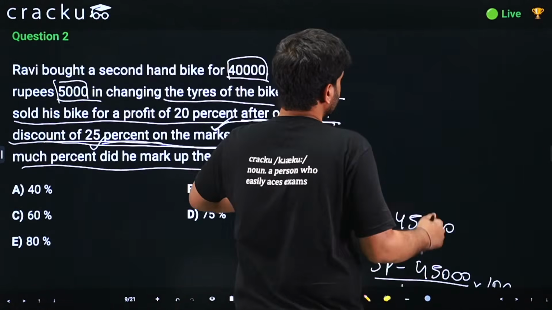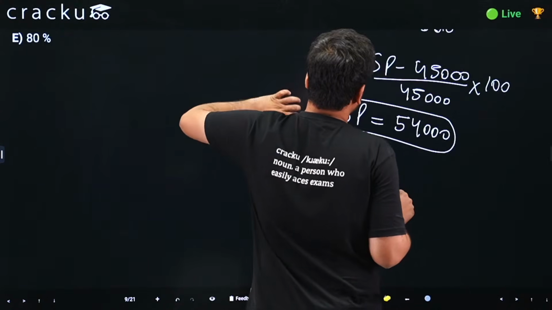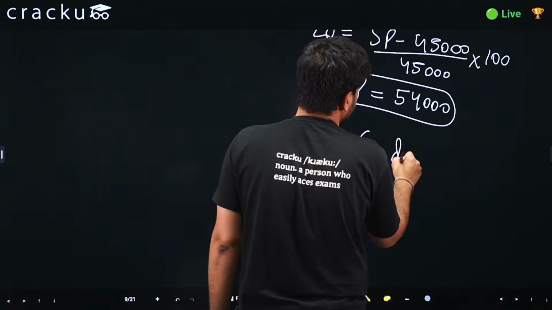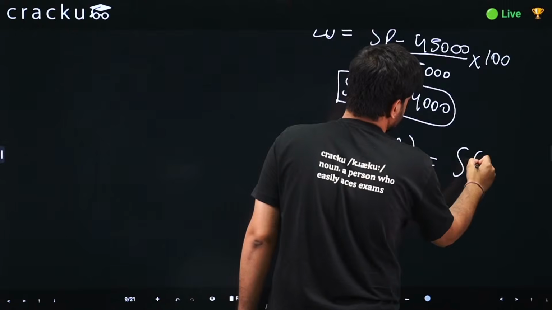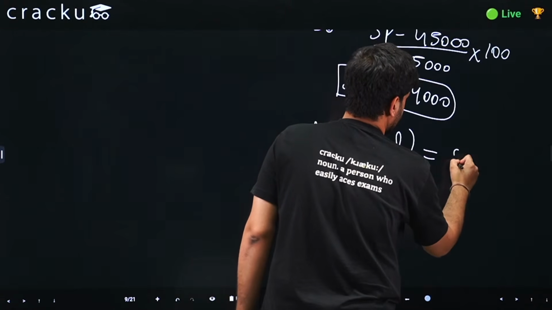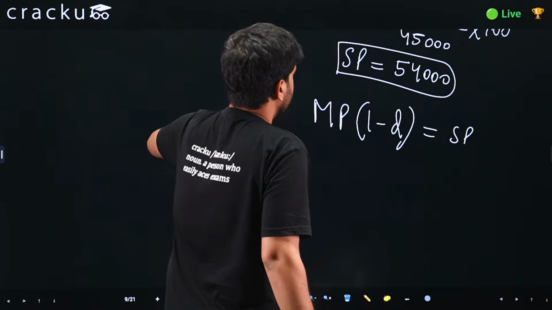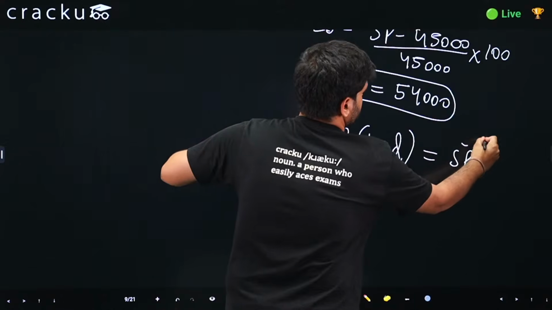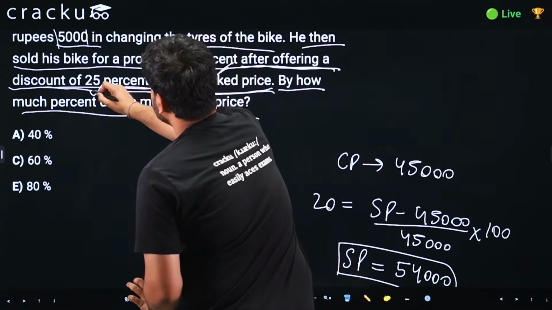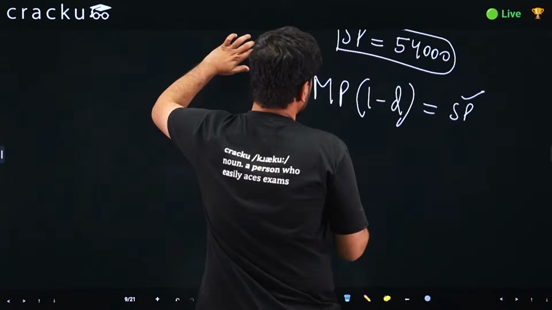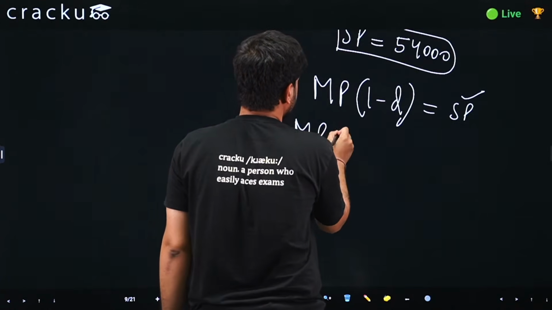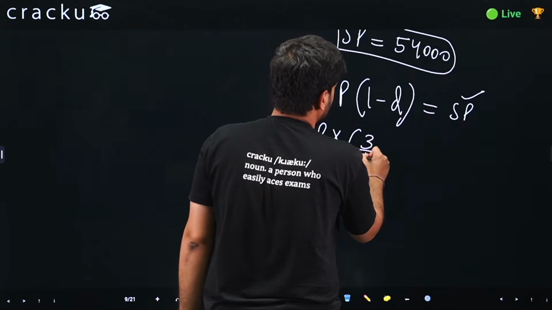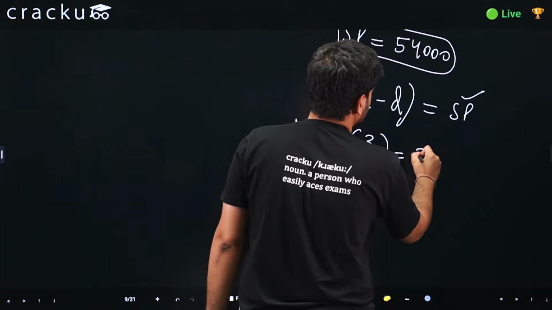I already told you that mark price into 1 minus D is the selling price. We know the selling price and we also know the discount, 25%. So MP into 1 minus 25 by 100, which would be 3 by 4, equals 54,000.